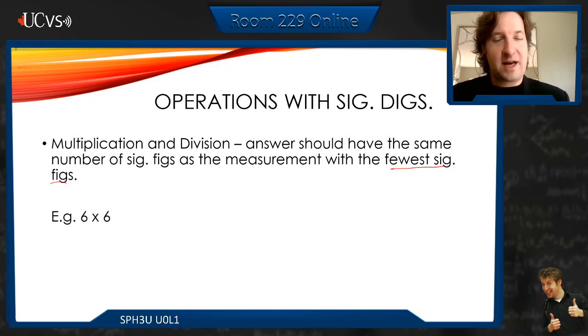And that is correct mathematically. However, in a physics lab, if I have a measurement of 6, that only has 1 significant digit. So 6 times 6 is 40, because I have to round 36 to 1 significant digit.